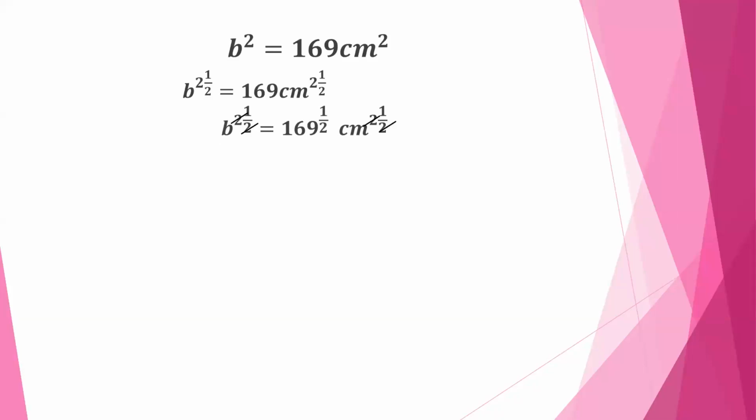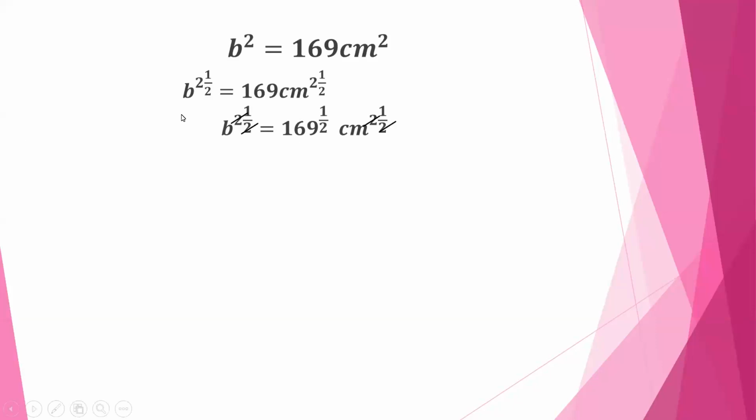Okay, so let me take this opportunity to explain how the square root works. The square root, as I said, is the same as raised to the power half. So if you have B squared equal to 169 centimeters squared, and you introduce raised to the power half, this is how it will look.